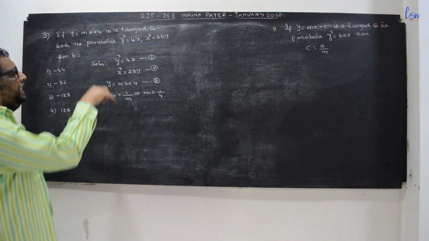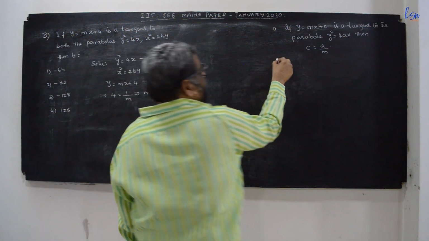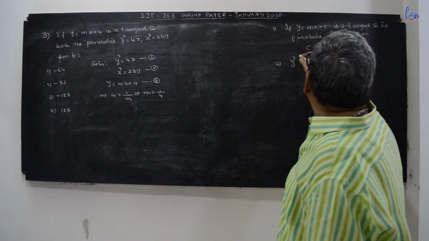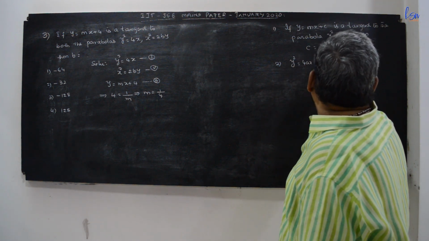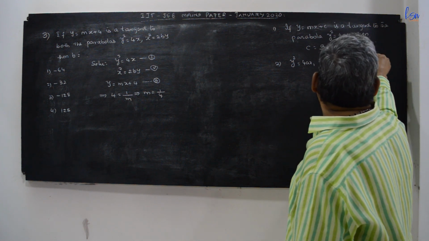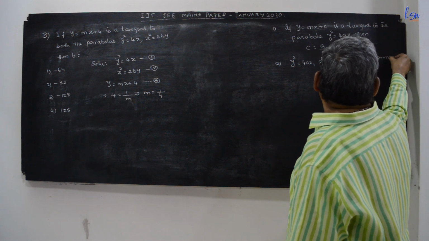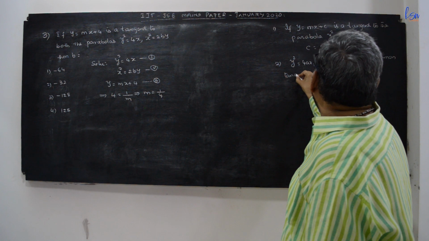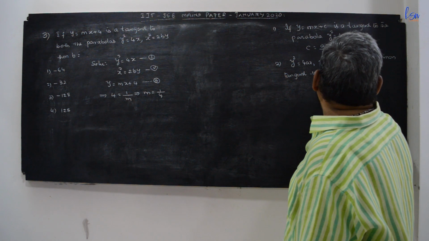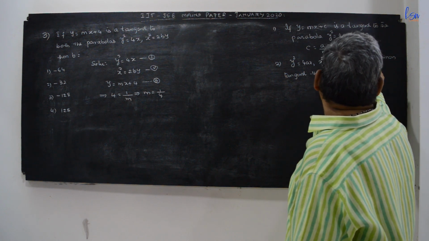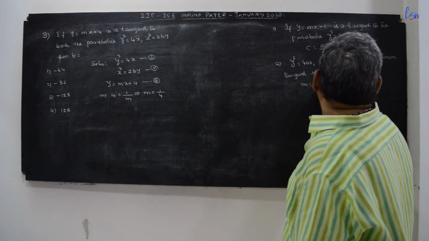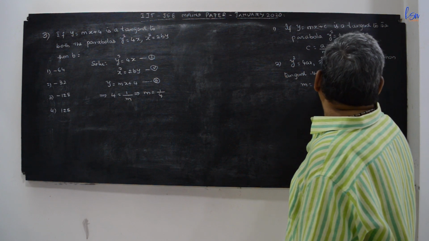Now, if there is a common tangent for the parabolas y square equal to 4ax, x square equal to 4by, then its slope is m equal to minus a by b whole power 1 by 3.